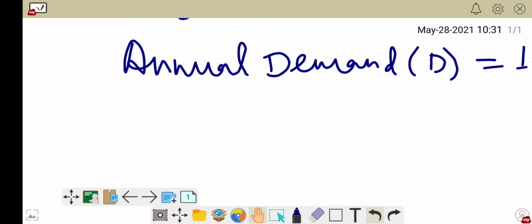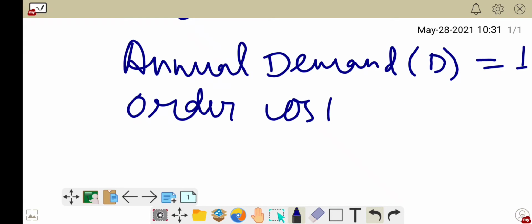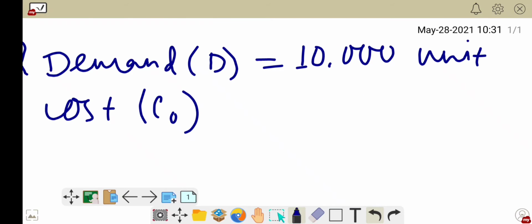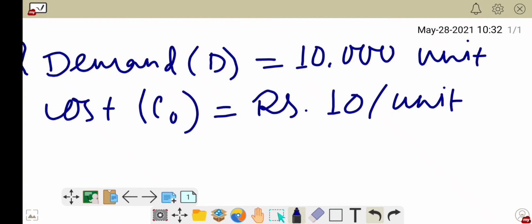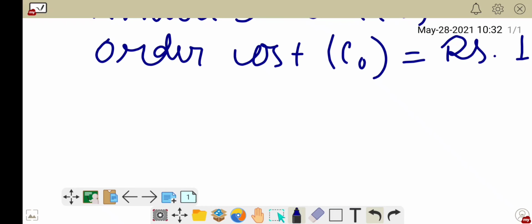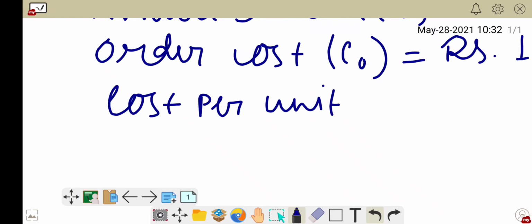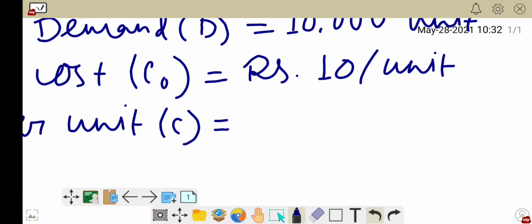Order cost, which is denoted by C0, that is rupees 10 per order, and cost per unit, that is denoted by C, that is rupees 20.